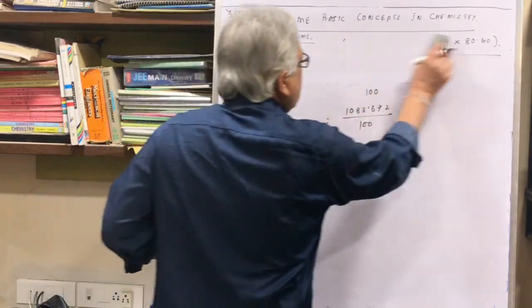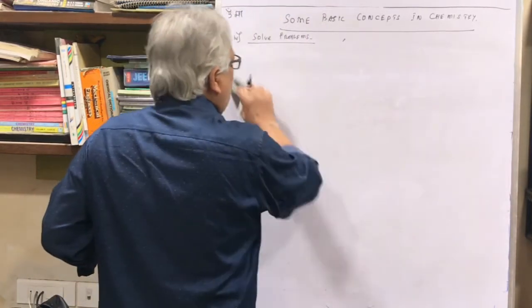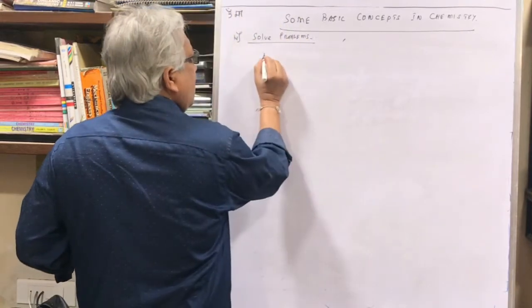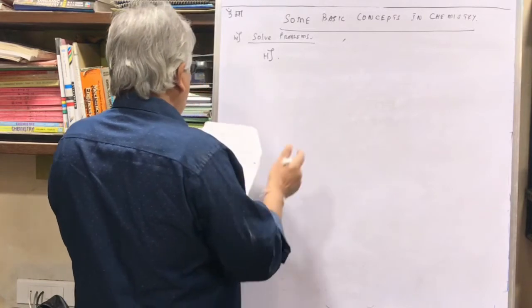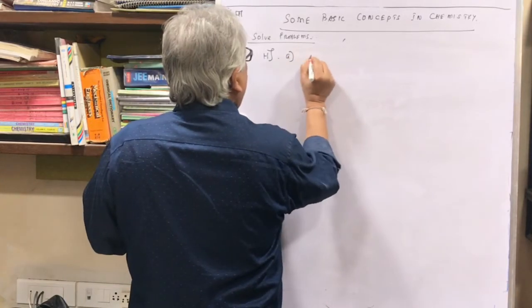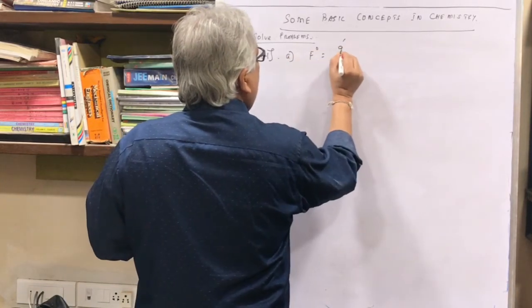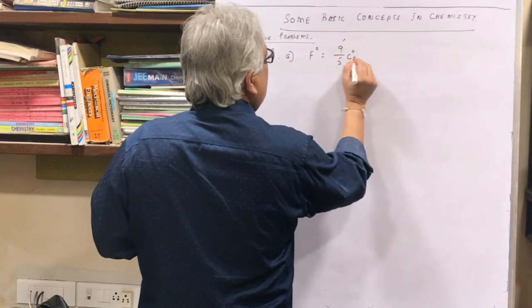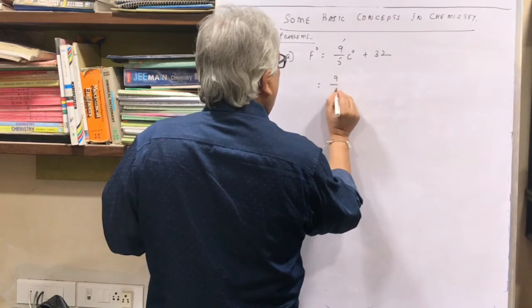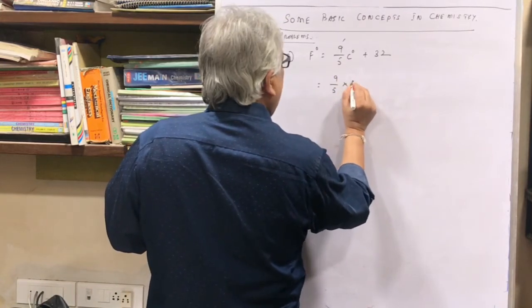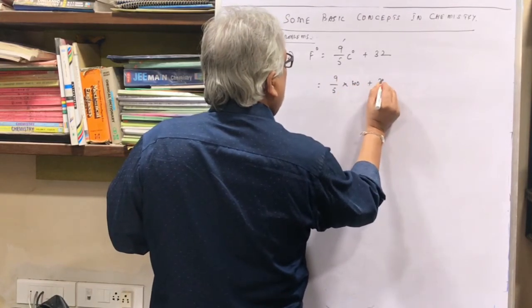We have done a similar problem in our MCQ also. So A, Fahrenheit degree will be equal to 9/5 degrees Celsius plus 32. So that will be 9/5 degrees Celsius, they will give me 40 plus 32.